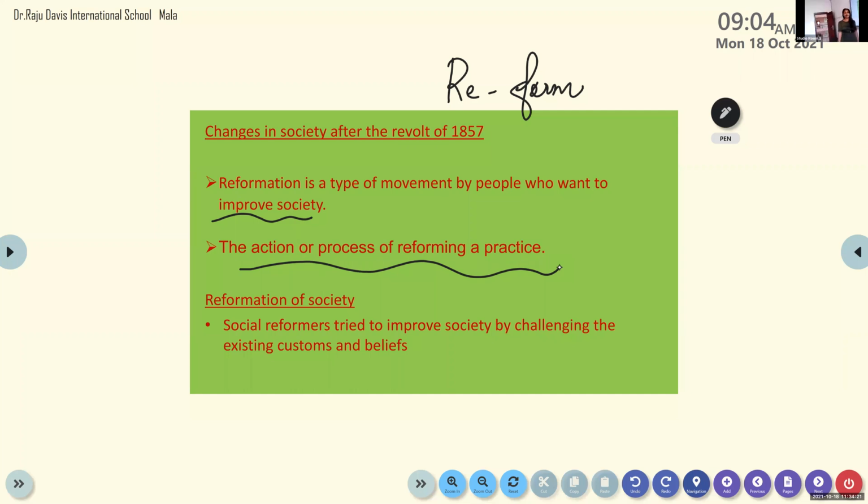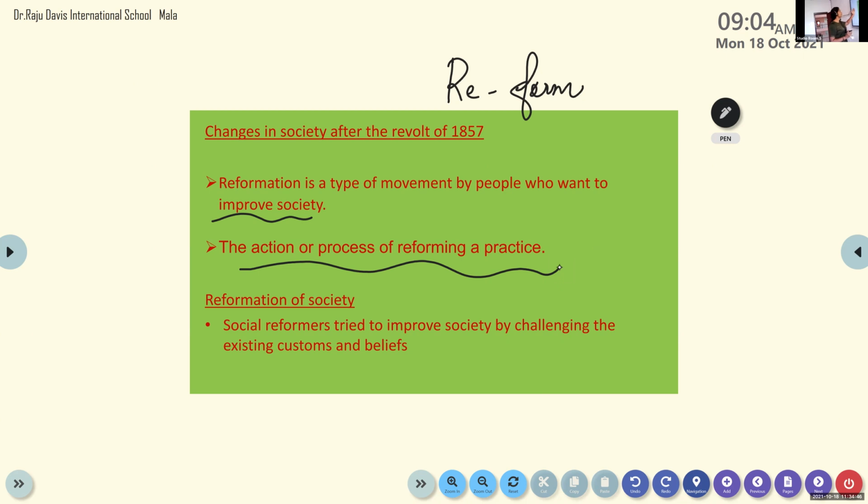So many of our leaders, we will discuss in detail about the leaders. They wanted to improve, to restructure, to reform the society. That is called reformation. What is reformation? It is a type of movement. Many leaders were struggling hard to make changes in the society.